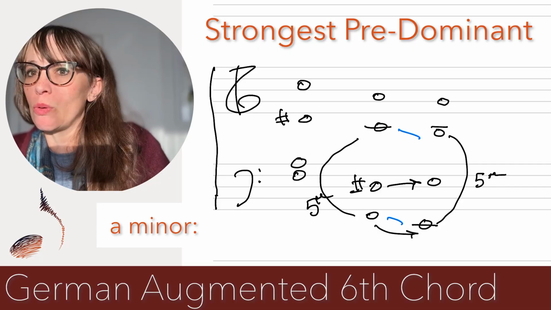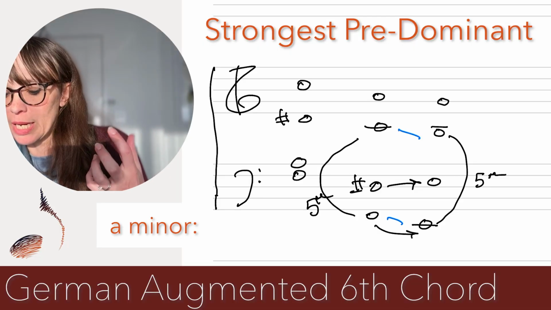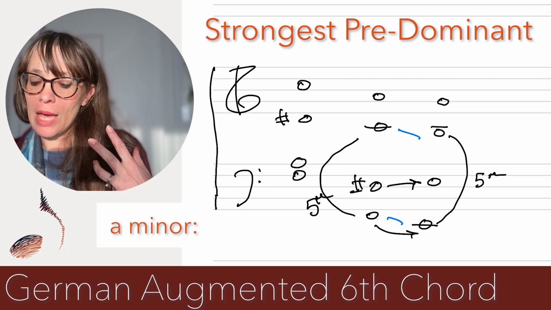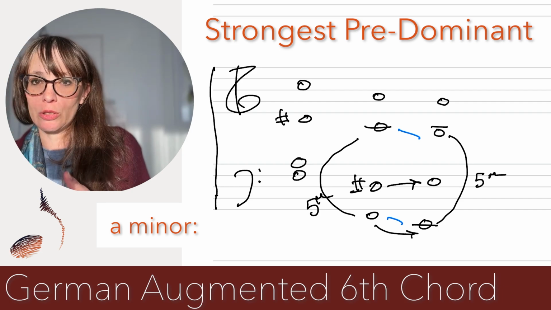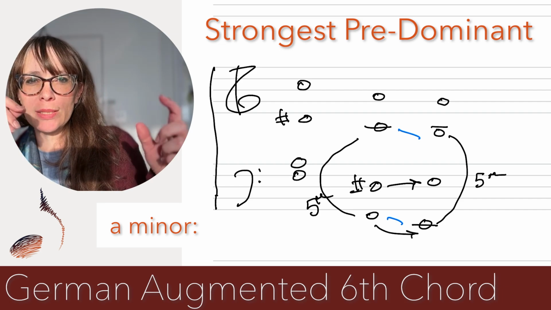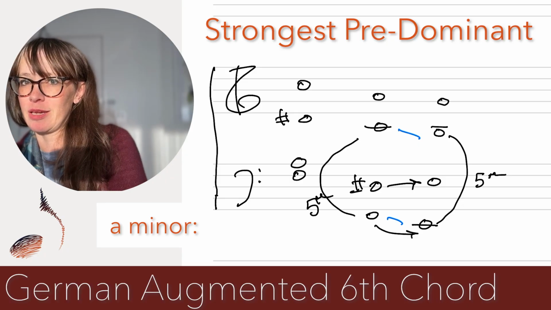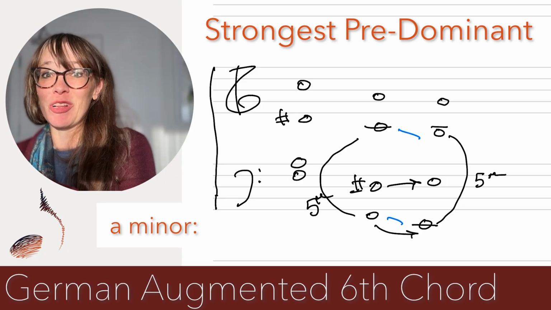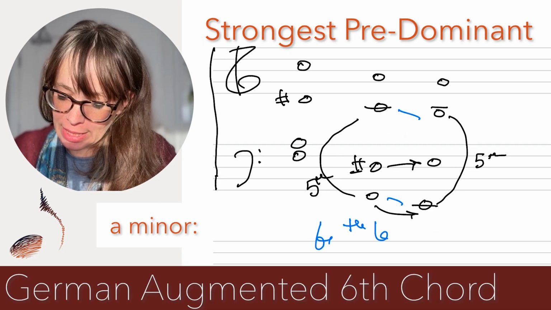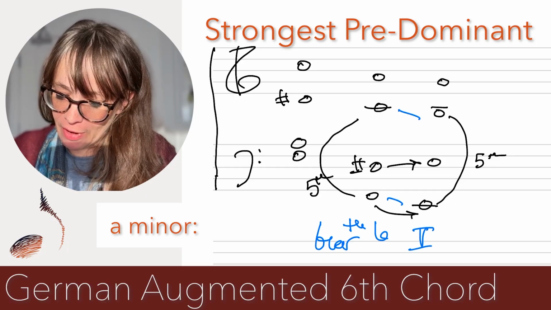Now you'll see composers do all kinds of fancy voice leading in more complicated pieces to work around that, to go to what appears to be a straight resolution, skipping over the conventional 6/4. But if you dig deeper, there's always something a little tricky that they do to skip around the parallel 5ths. So right now we would label this as a German augmented 6 to a 5 chord.